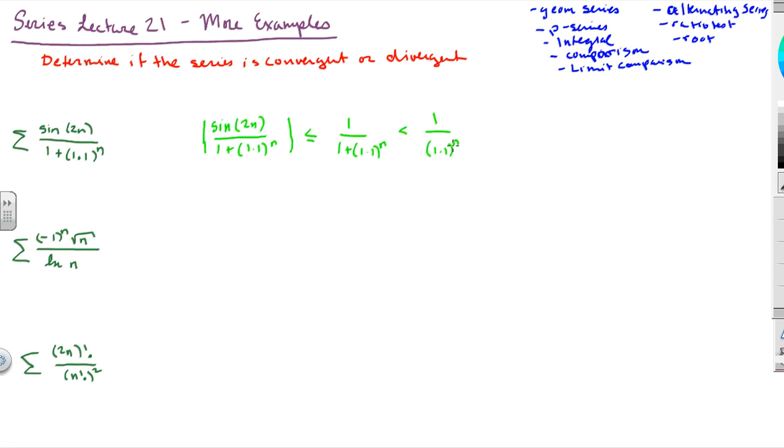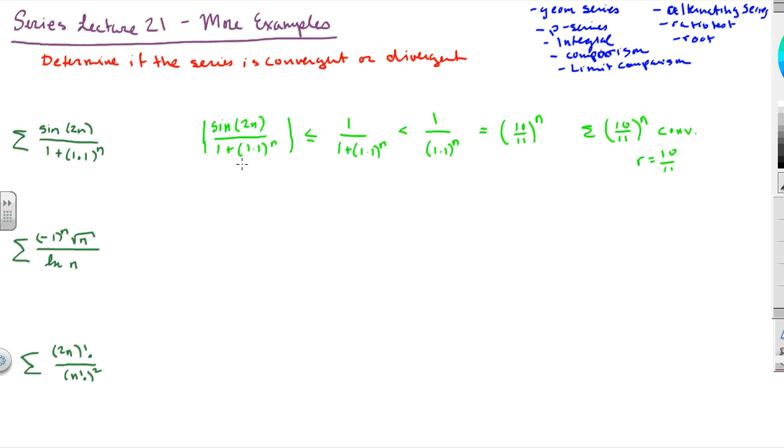Now, 1 over 1 plus 1.1 to the n is less than 1 over 1.1 to the n. And this is a geometric series, right? 1.1 to the n is 11/10 to the n, so this is 10/11 to the n. So the series with these terms converges, because it's a geometric series with r equal to 10 over 11.